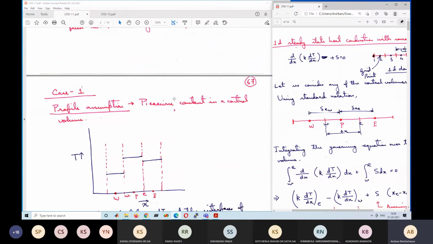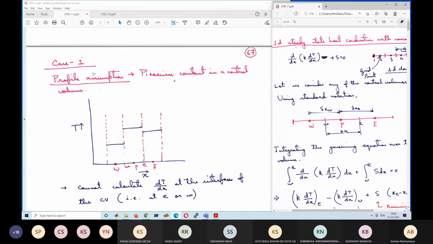So we will start with the first profile assumption, that in each control volume, the temperature is constant. Okay, this is the easiest, simplest assumption, that for any control volume, the temperature is constant, and it is equal to the temperature of the grid point.